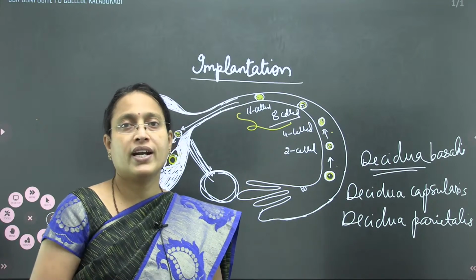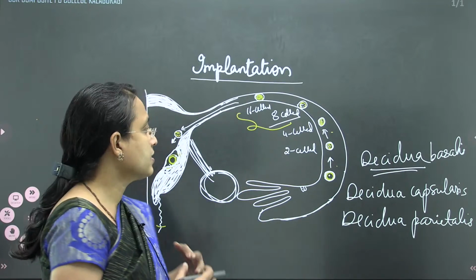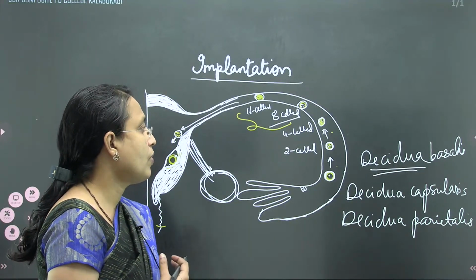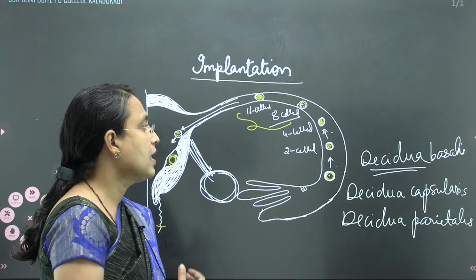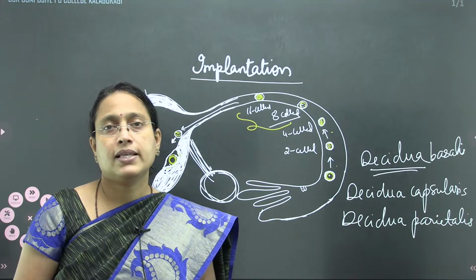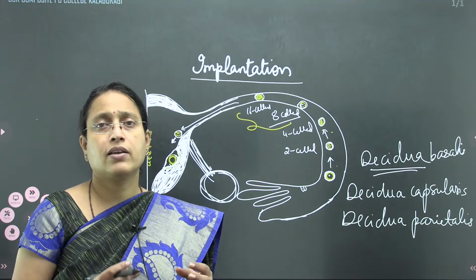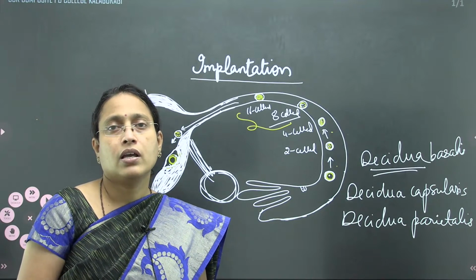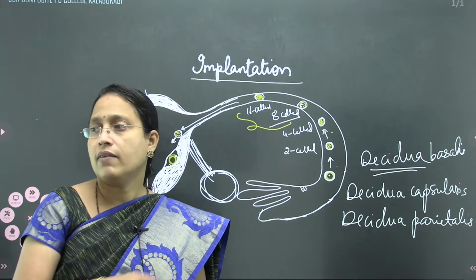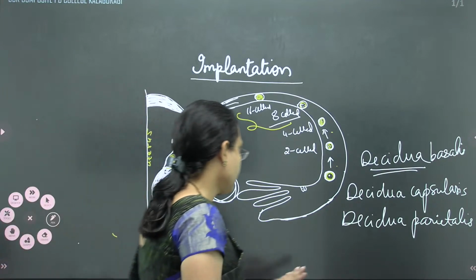That means the endometrium after implantation is further differentiated into decidua parietalis, capsularis, and basalis, depending upon whether it is very near to the blastocyst or away from the blastocyst.